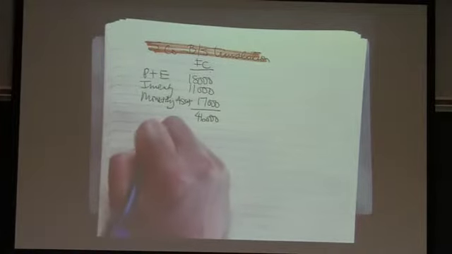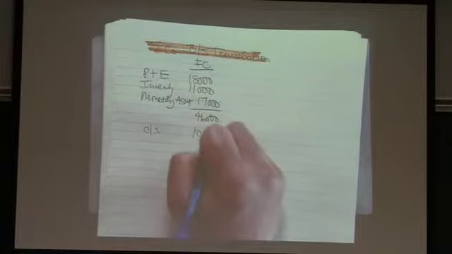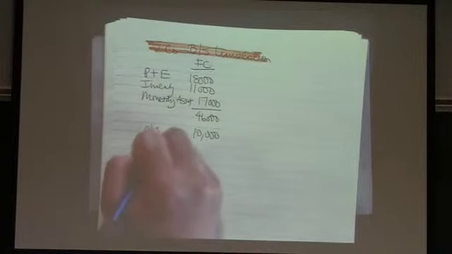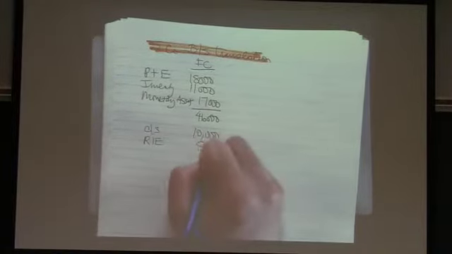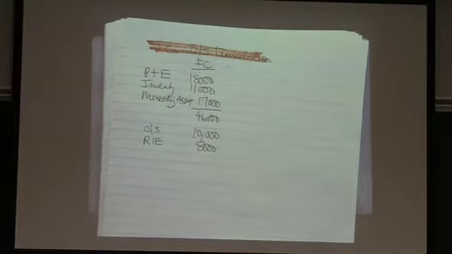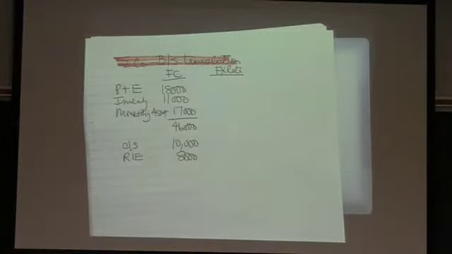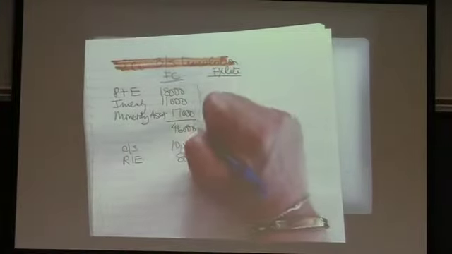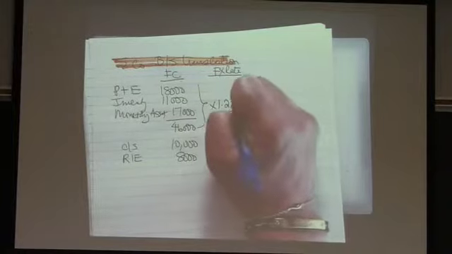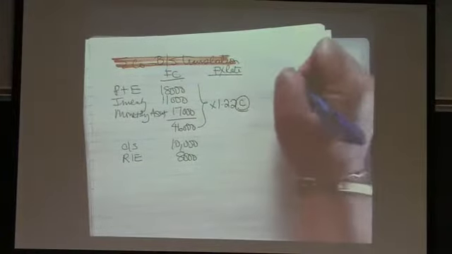Common shares is $10,000. Retained earnings is $8,000. Now, I just wanted to show you that the FX rate for translating under the current rate method, these are all multiplied by 1.22, which is the current rate.